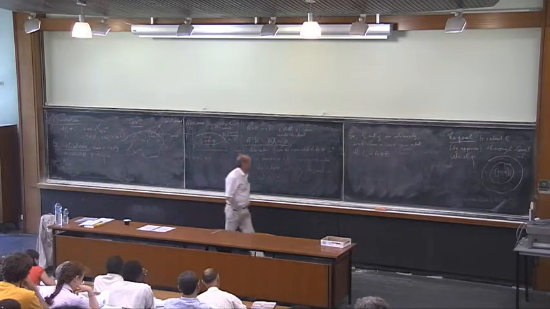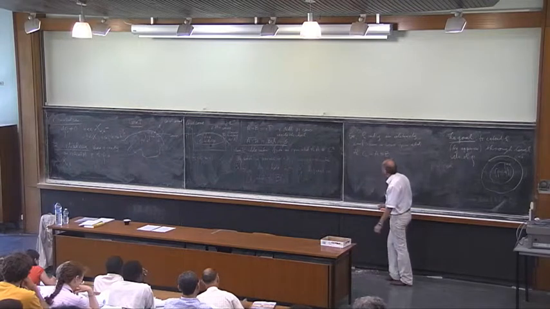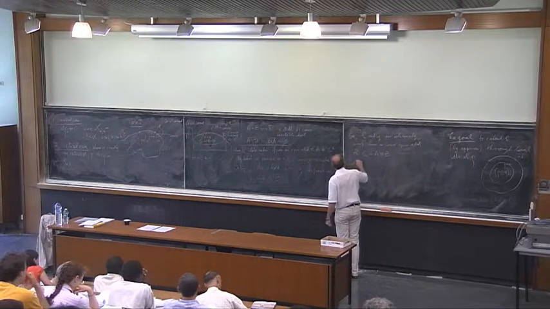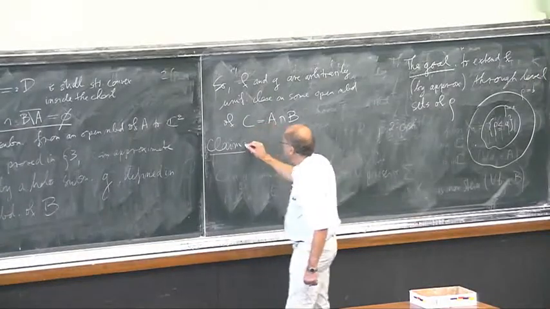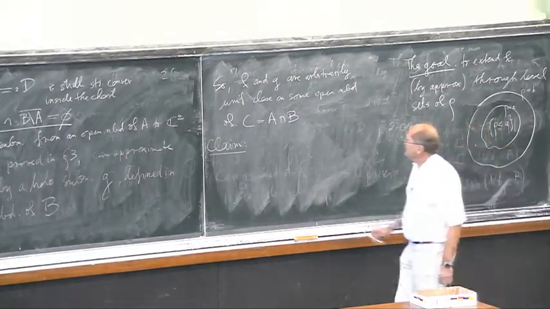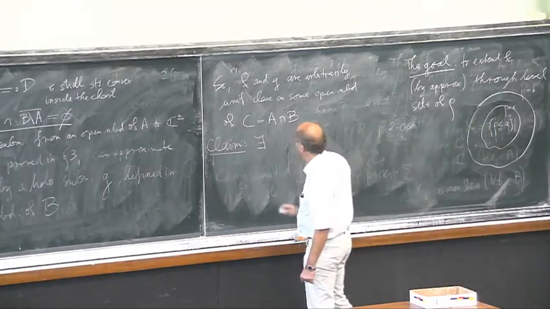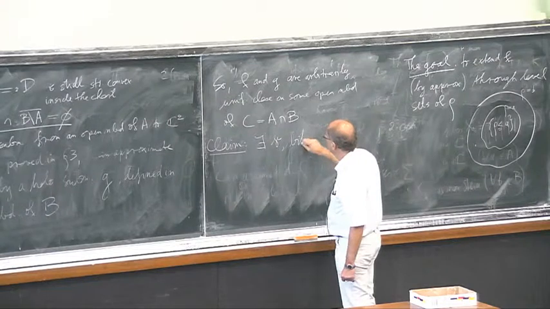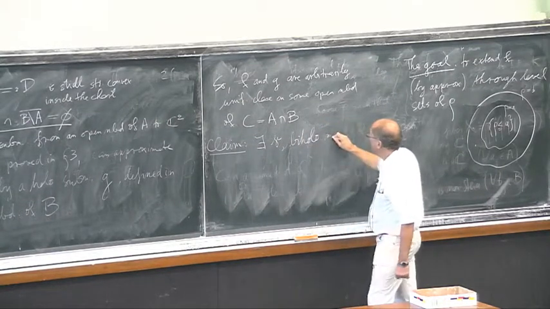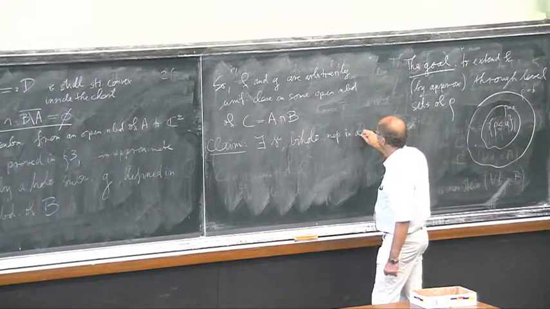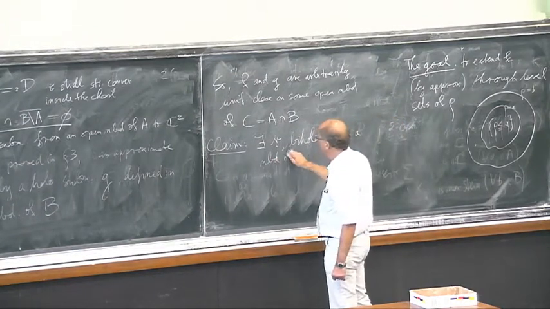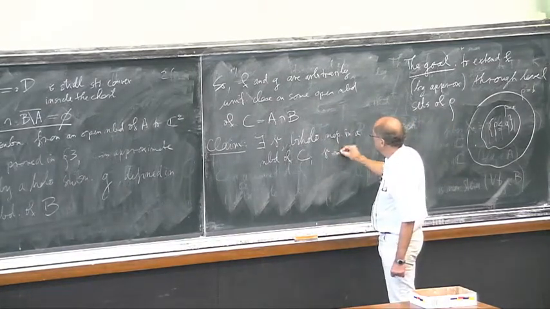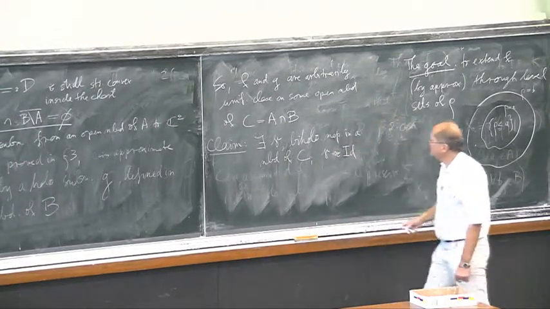Now the first thing we do is to show, and this is easy to see, I'll give you a hint, we claim that there exists gamma, which is a biholomorphic map in a neighborhood of C, and which is very close to the identity map. So it's just a small perturbation of identity.